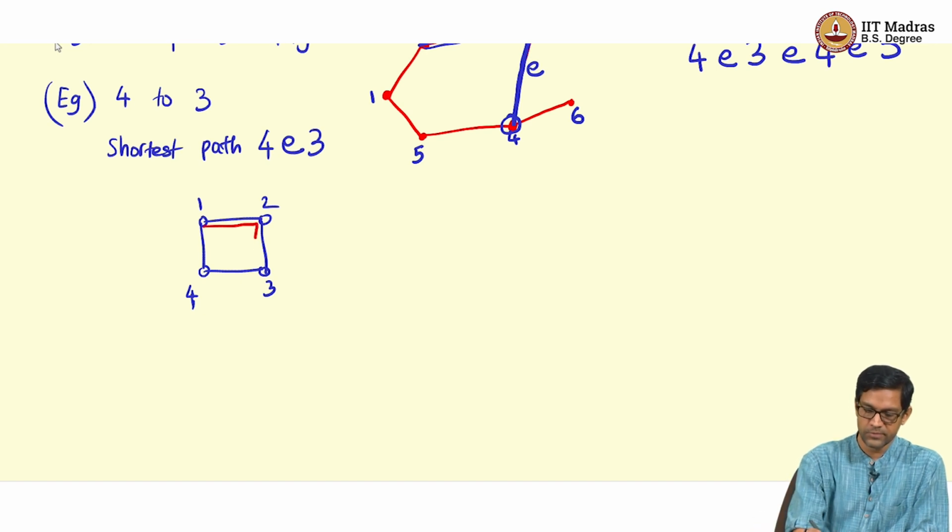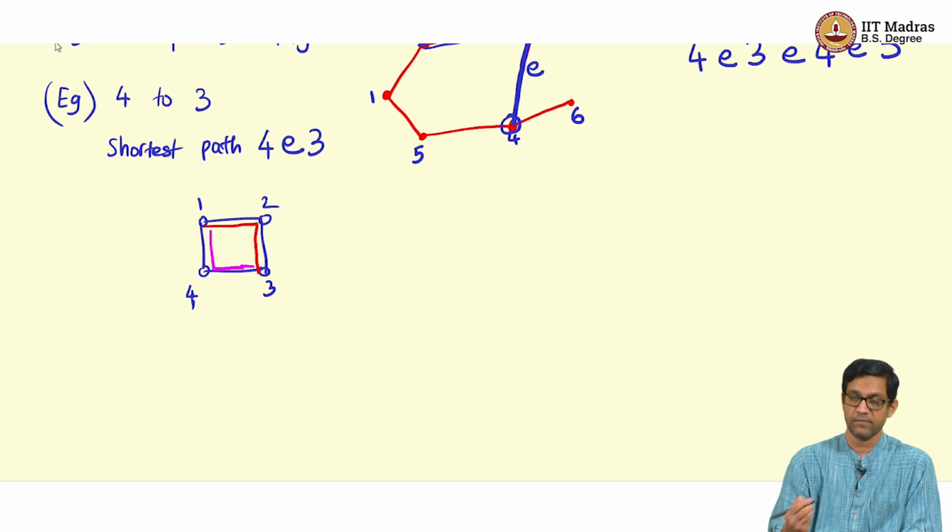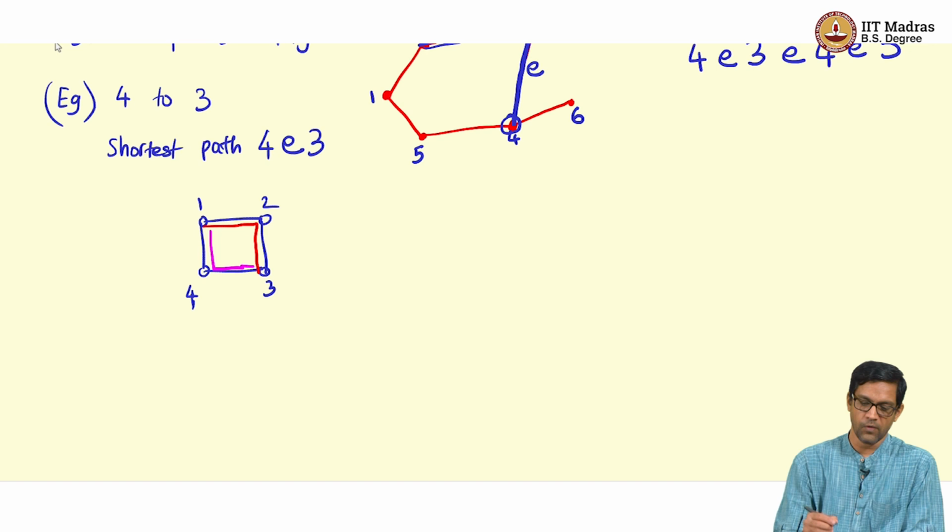What are they? One of them is to go from 1 to 2 to 3, the other one is to go down to 4 and then go to 3. So, here are two shortest paths, they both have length 2, but the point here is that you will always be able to find at least one path of the shortest possible length, because the length is some natural number and there has got to be some smallest number, some smallest length.